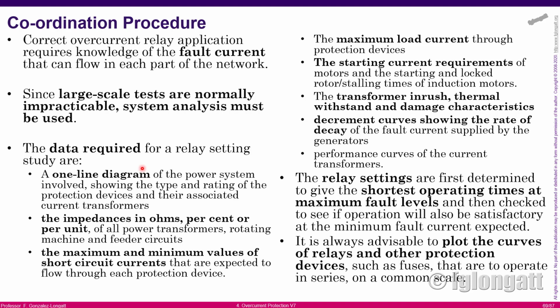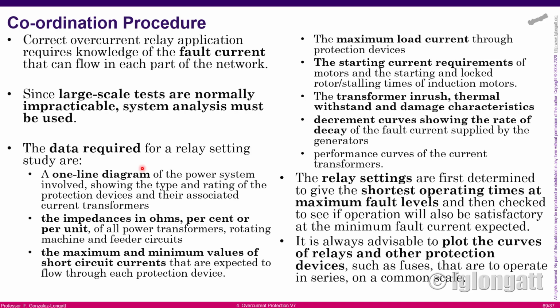And because you don't want your overcurrent protection system tripping in load conditions, you must be aware of the maximum load current in your system, because the maximum load current at your protection device should be a no-trigger condition. You will never want a non-directional overcurrent protection tripping for load currents.